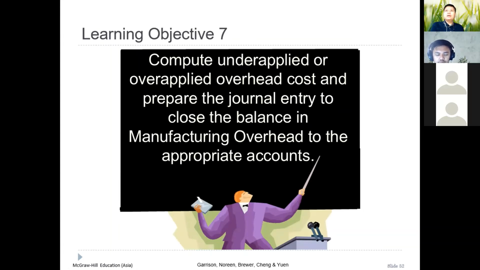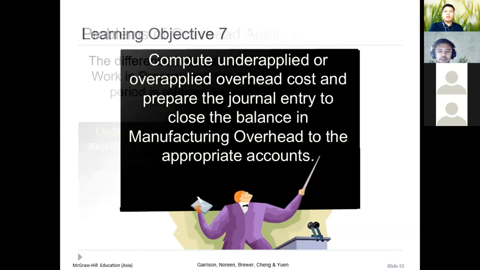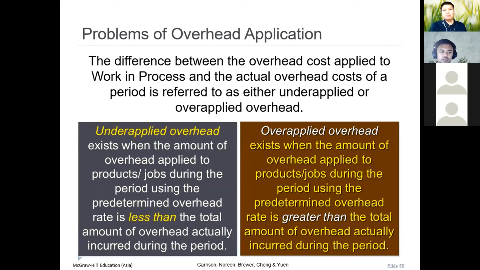Ulit. If your applied is 100 and then actual mo is 120, actually you under-applied. Okay. Now, if your applied is 100 and then your actual is 80, therefore you over-applied. Okay? O you correct me kapag mali yung sinasabi ko.